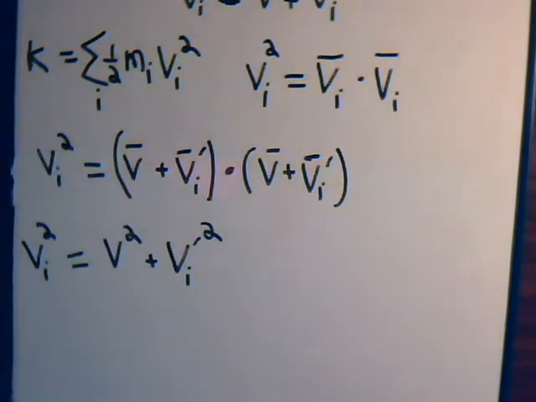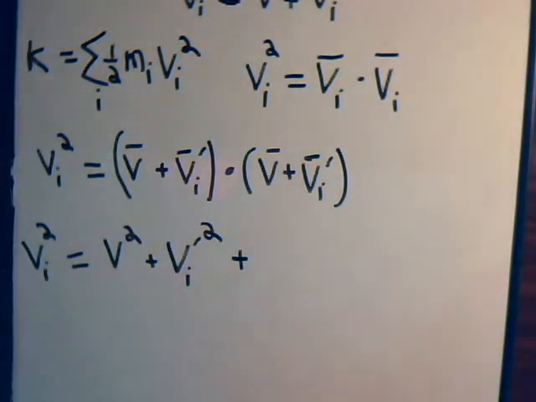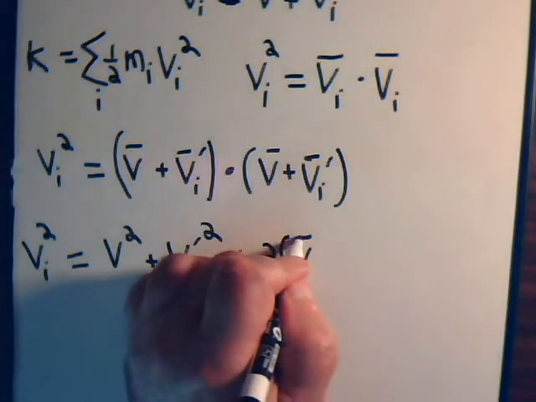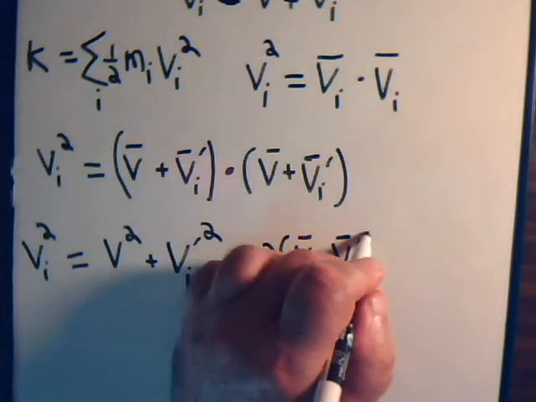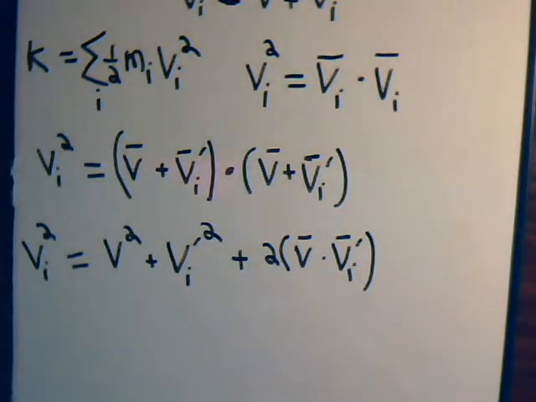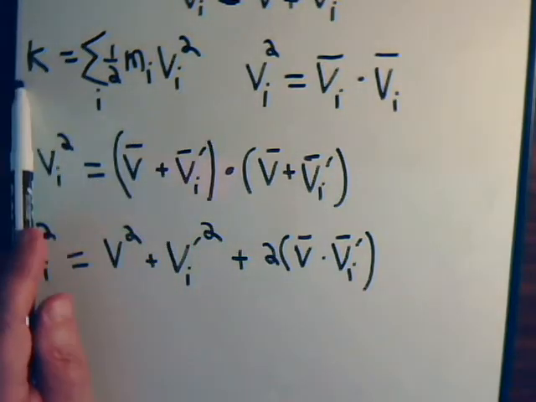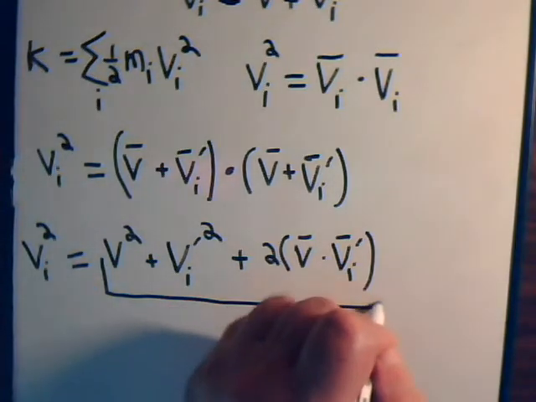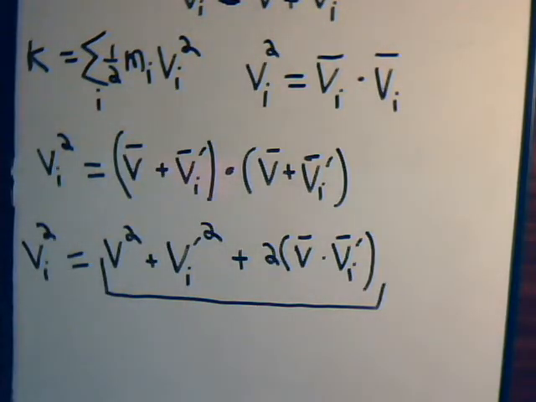Then we also have the cross terms, so that gives us 2 V dot vi prime. So there is vi squared. Here's our general formula for kinetic energy, so we can substitute this right here in our formula. And that's what we're going to do.